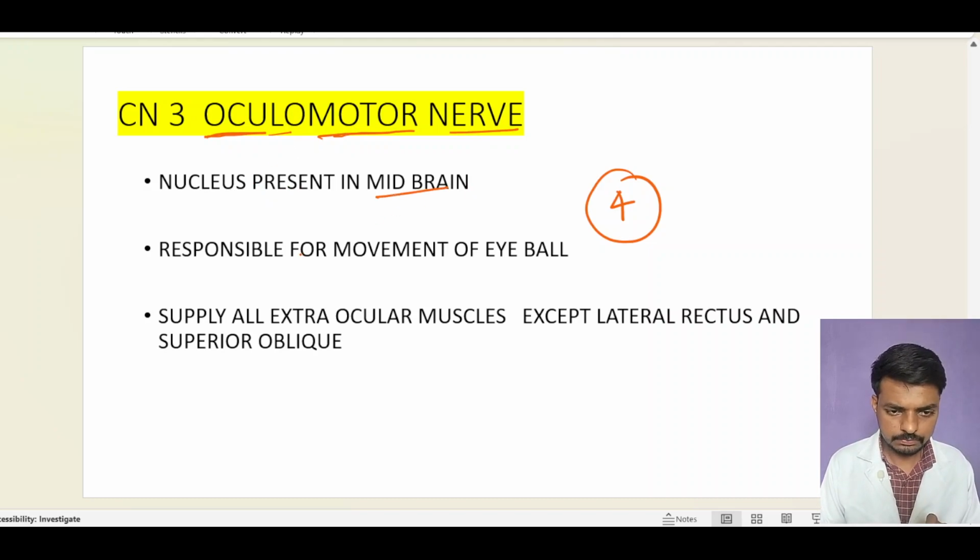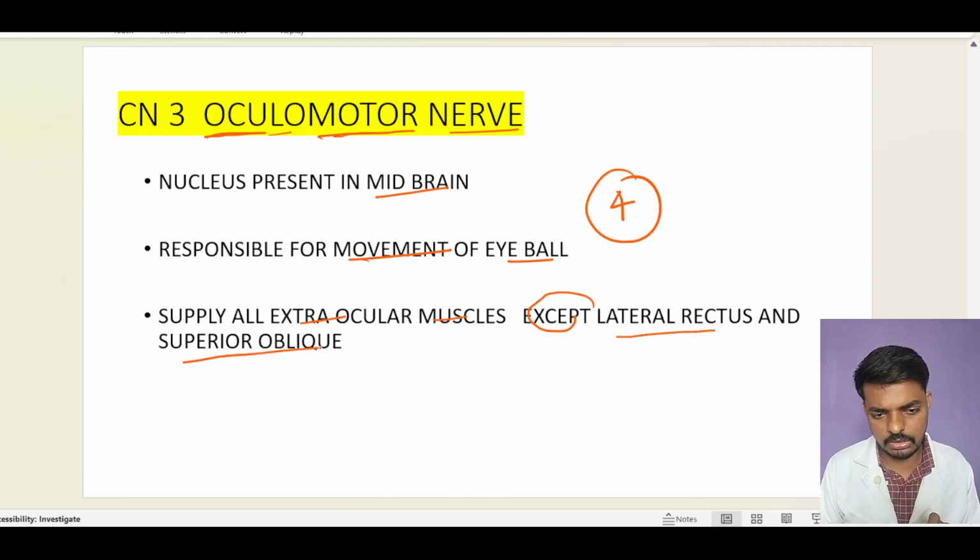It is responsible for the movement of the eyeball, and supplies the extraocular muscles except 2 muscles: the lateral rectus muscle and the superior oblique muscle. The lateral rectus muscle is supplied by the 6th cranial nerve, and the superior oblique muscle is supplied by the 4th cranial nerve.